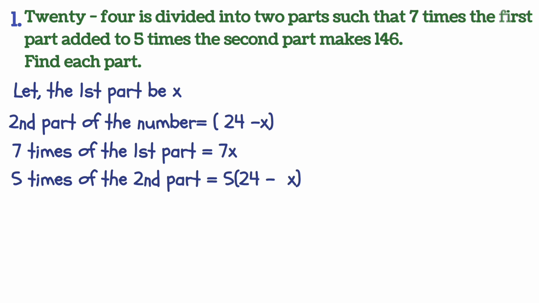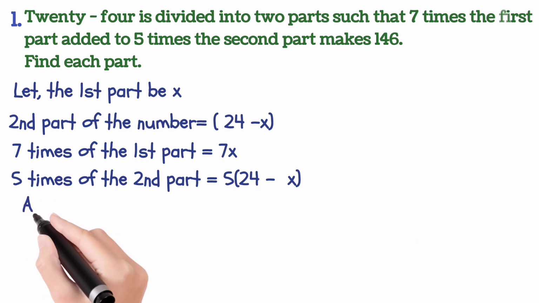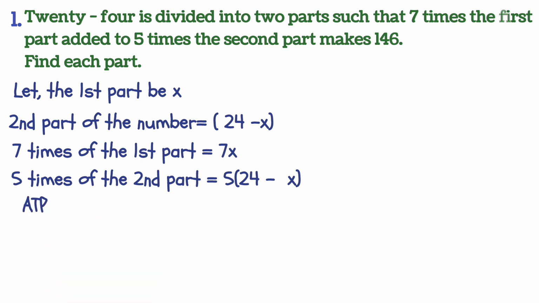Now, according to the problem, 7 times of the first part added to 5 times of the second part makes 146. So we will add these two.